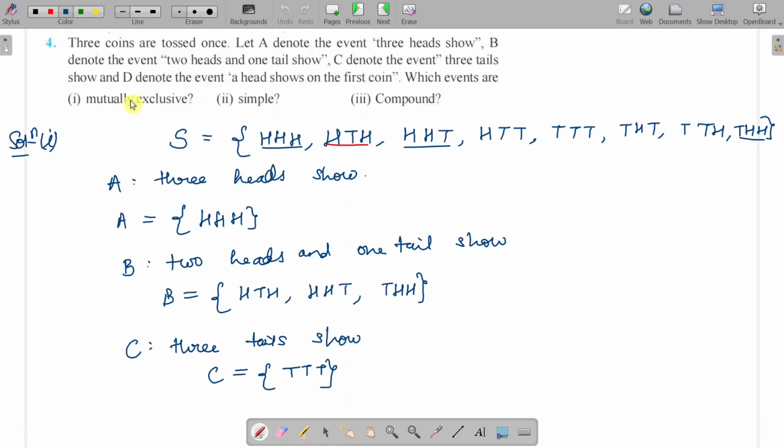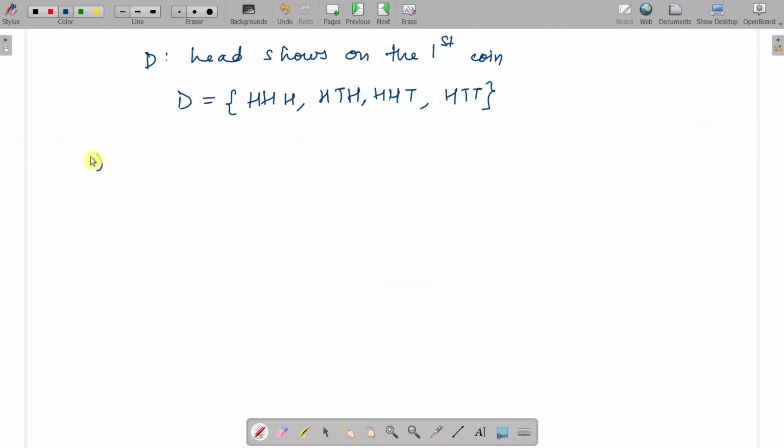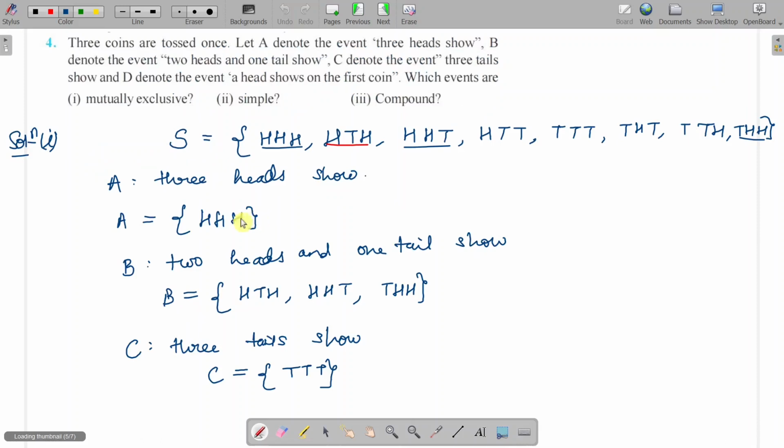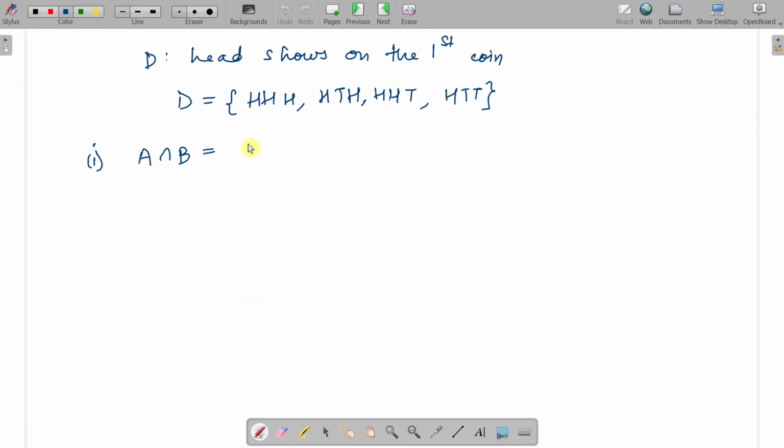Now let us look at the first sub problem, mutually exclusive we have to tell, right? So let us look at the intersection here of the pairs of sets. So A intersection B, let us see. If you look at A intersection B, then there is no common point in A and B. So A intersection B will be empty set, right?